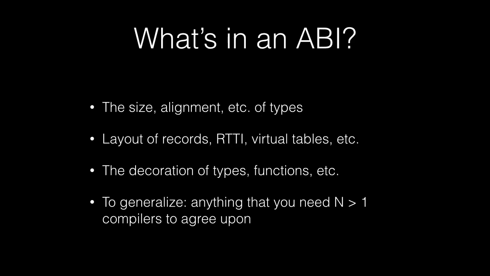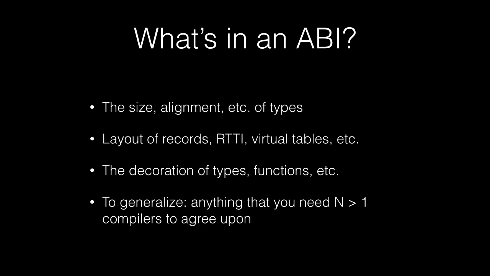So let's start. Well, what's in an ABI? What are we actually talking about here? We're talking about things like the size and alignment of types, the layout of things like structs and classes and unions and arrays and all that sort of stuff. We're talking about how your function names and variable names and any sort of entity that two compilers have to actually agree upon.